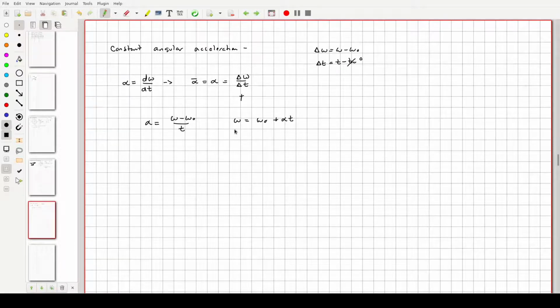Now, check this out. Look familiar? I hope so. It looks just like the first kinematic equation. And that's because this is the first kinematic equation for rotational motion.